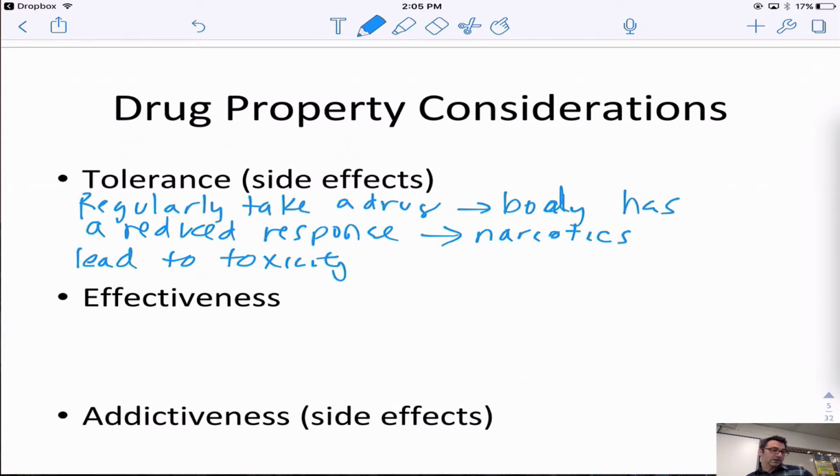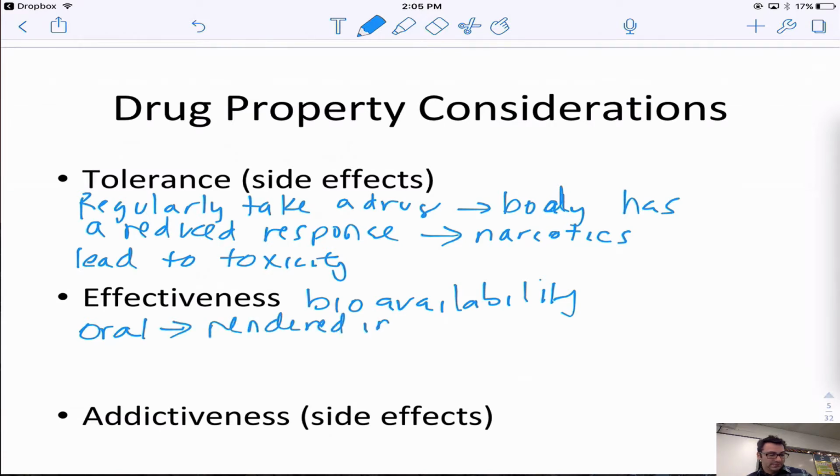Effectiveness depends on a whole bunch of things, but really it depends on something called bioavailability. So for example, if I were to take a drug orally, my stomach may digest it, so it may be rendered ineffective by stomach acid.